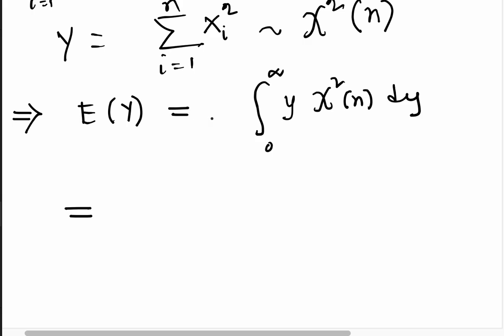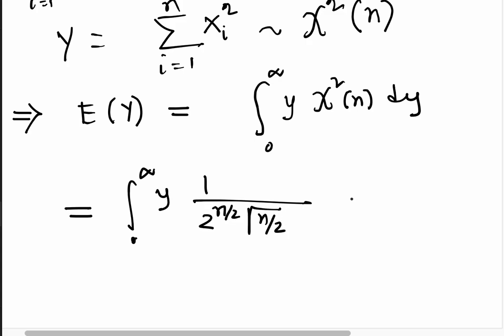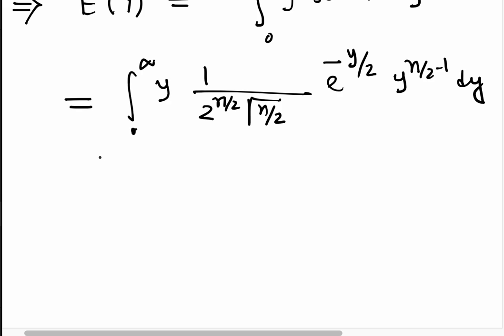So this is 0 to infinity y times the chi-square n density, which is 1 by 2 to the power n by 2 gamma n by 2, e to the power minus y by 2, y to the power n by 2 minus 1, dy.